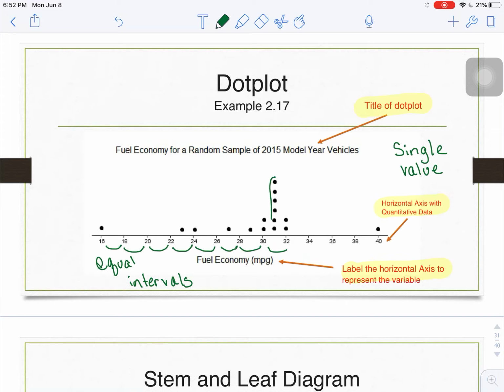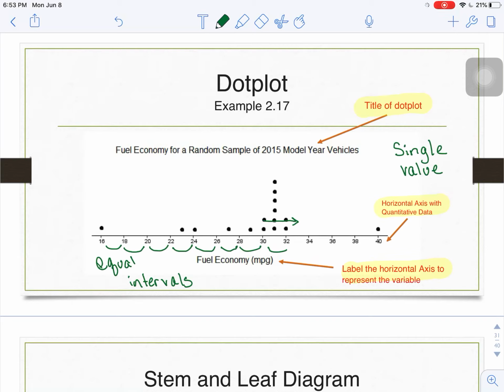Notice how the dots are perfectly aligned. So here I can see I have 1, 2, 3, 4, 5, 6. I have 6 vehicles that have a 31 mile per gallon rating. I also want to point out that these are equal going across when we're looking at the height.